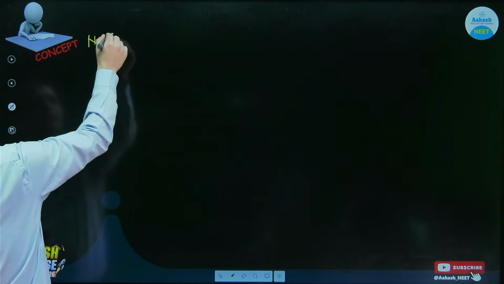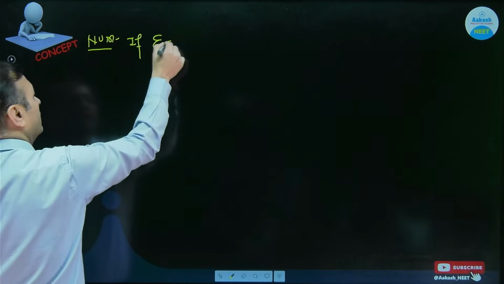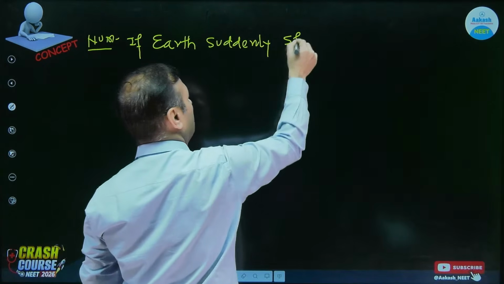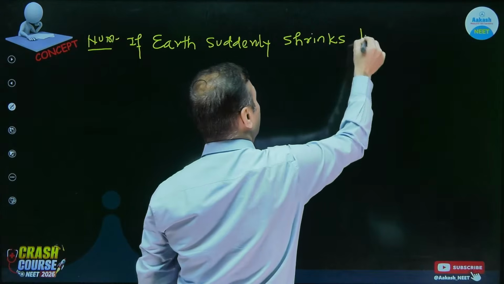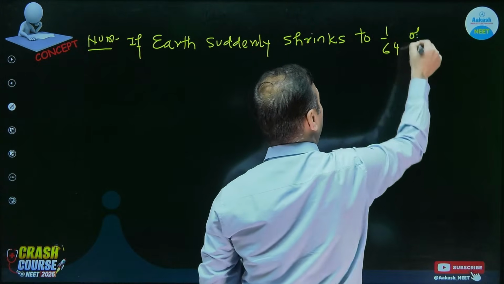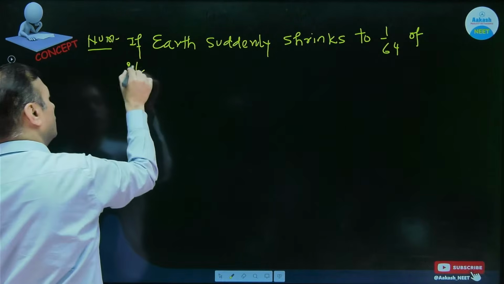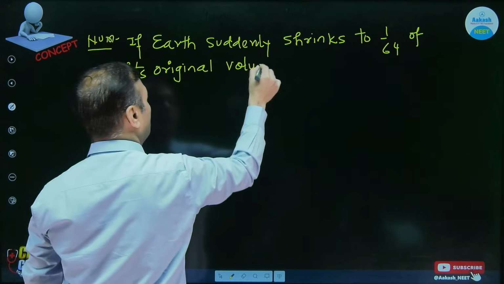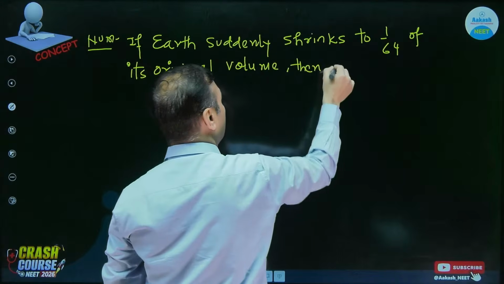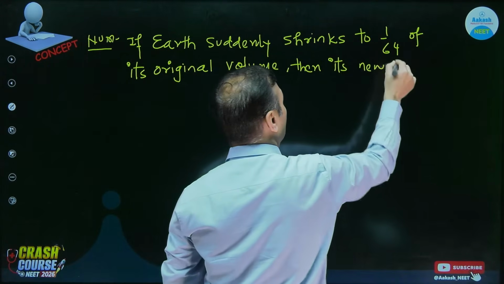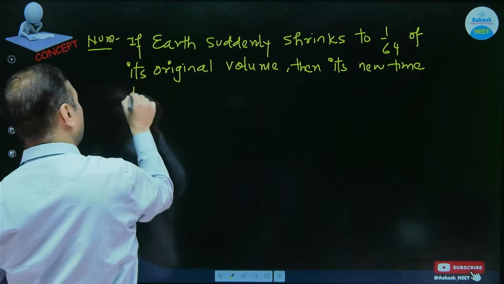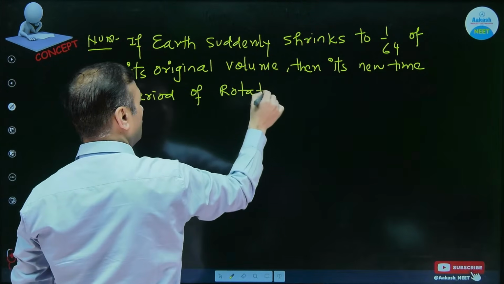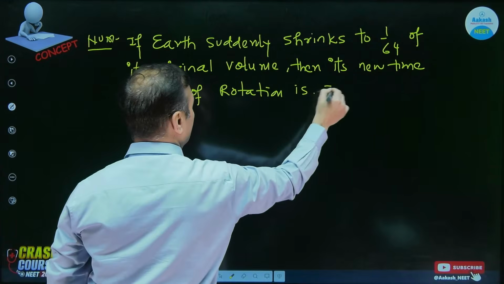So here we'll attempt one numerical. If Earth suddenly shrinks to 1/64 of its original volume, then its new time period of rotation is?